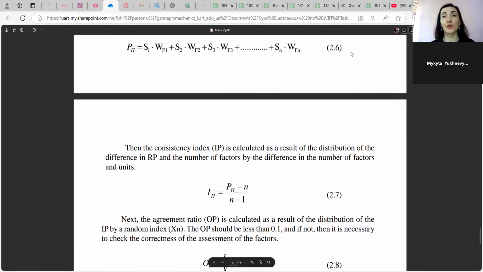So the result of formula 2.6 minus 6, divided by 5, because 6 minus 1 is 5 for all variants. Calculate it, please. A result with 2 points after the comma will be enough.